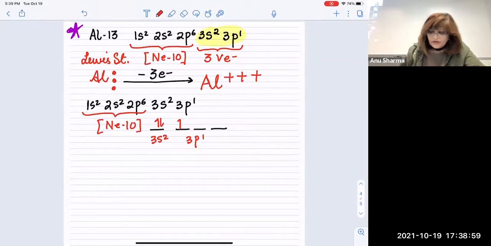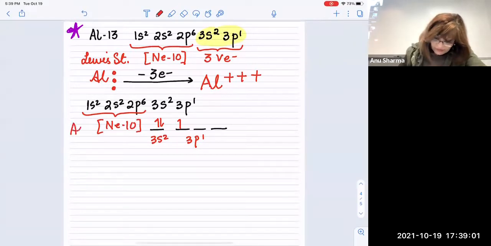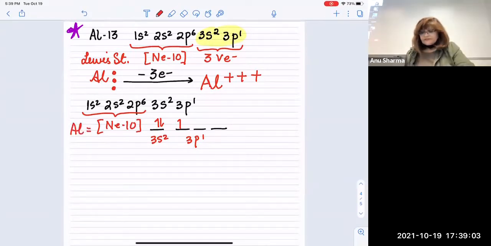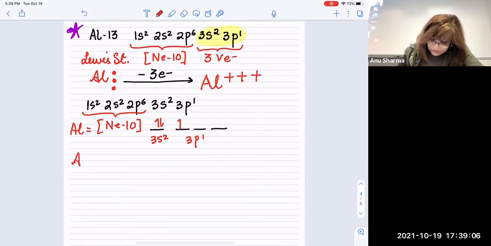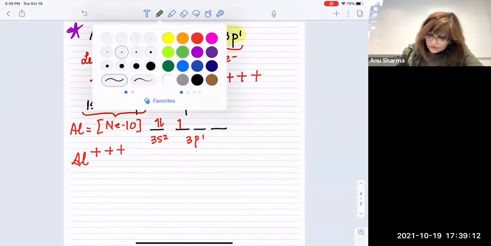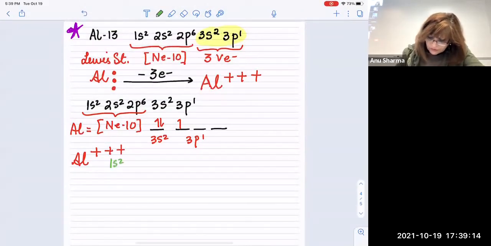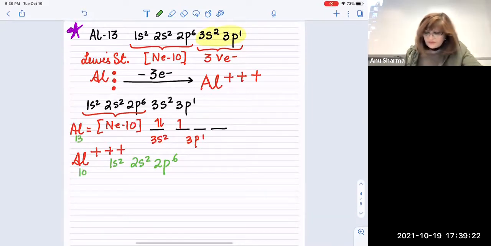So this is how aluminum looks. But when aluminum loses those 3 electrons, all it's left with is 1s2, 2s2, and 2p6. Here, aluminum is 13. Here, aluminum is 10.